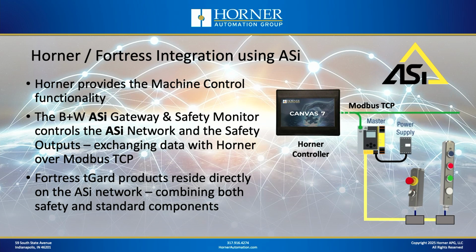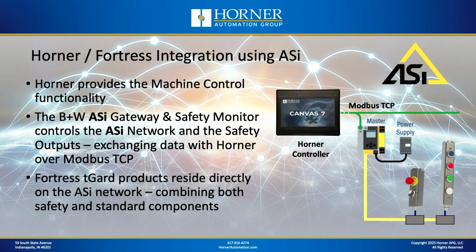Okay, so what does the architecture look like for the system we're going to demonstrate today? Well, there's a Horner controller that's handling the machine control, all right? And then you have a B&W ASi gateway and safety monitor that's managing the ASi network, and it's acting as the controller of the safety logic and the safety outputs, okay?